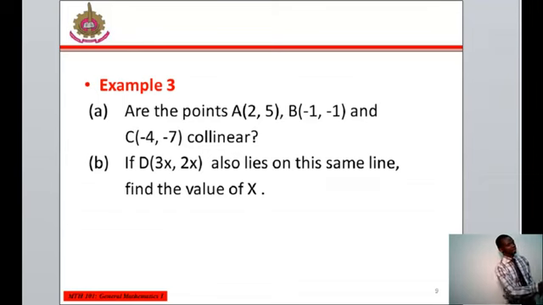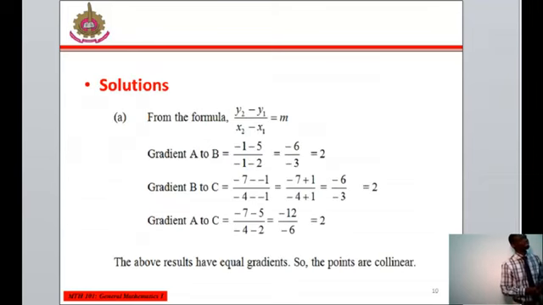Now, in such a case, all you need to do is to find the gradient of point A to B, and that was how we obtained 2 for the gradient of A to B. Secondly, you find the gradient from B to C, and we discovered that the gradient gave us the value of 2, the same as the first, A to B. And thirdly, we calculated the last one, which is A to C, and we discovered that we had the same value of 2 for the 3 points.